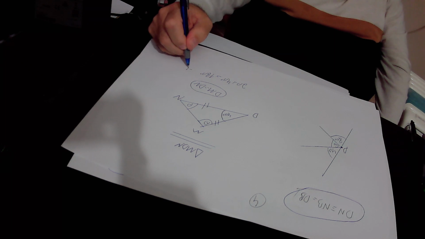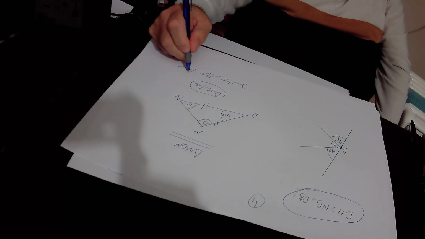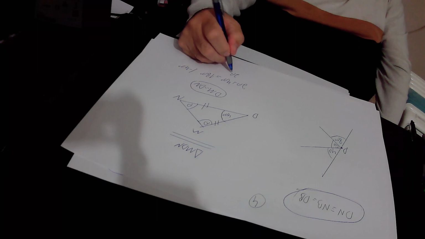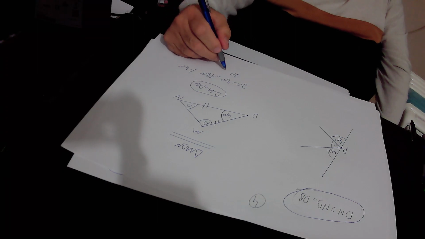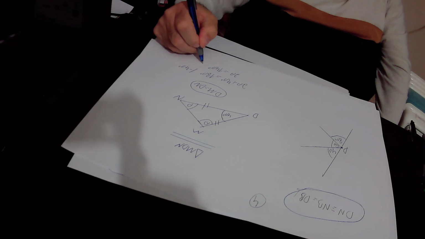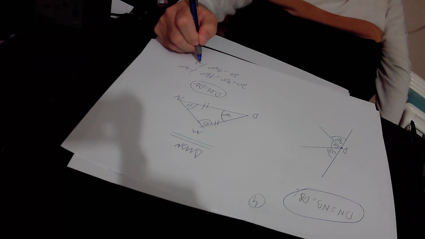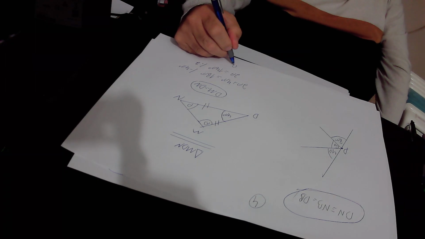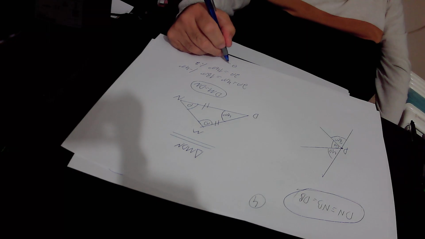In total, the sum of those three angles must be equal to 180 degrees. We subtract 40 degrees from this equation, and finally we get that 2 theta equals 180 minus 40, which is 140. So 2 theta equals 140 degrees. We divide this equation by 2. And finally we get that angle theta equals 140 degrees over 2, which is 70 degrees.